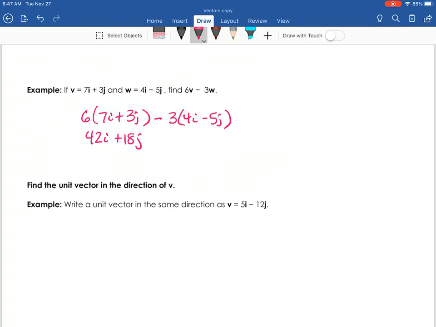The thing with subtraction, though, remember you need to distribute your negative if you have a negative out here. So that's negative 12i plus 15j. And then when you add your horizontal components together and your vertical components together, you get 30i plus, let's see, 18 and 15, that's going to give me 33j.